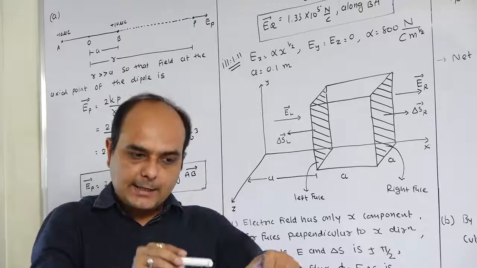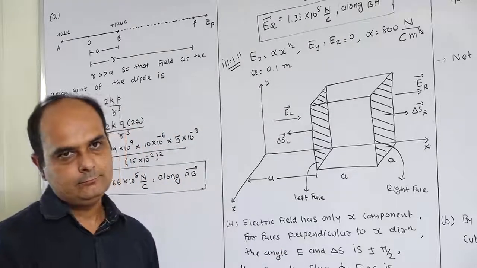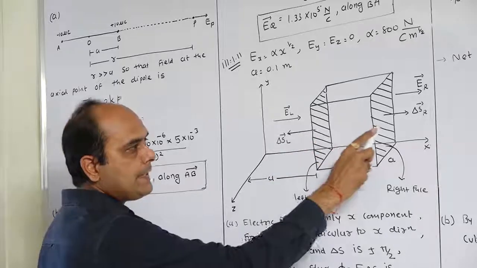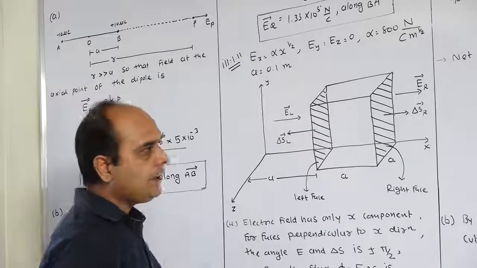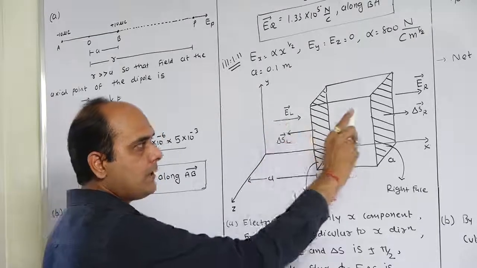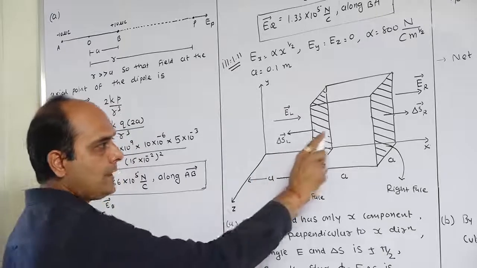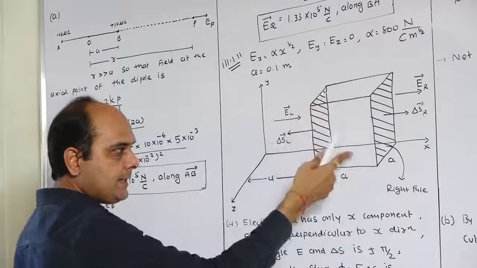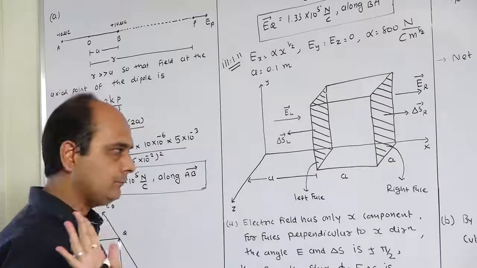But if field lines are parallel to the plane, the flux is 0. So observe these two shaded faces, in which field lines are crossing through the plane. We can calculate the electric flux on these two faces. But at this face, or at the back side face, the flux is 0.